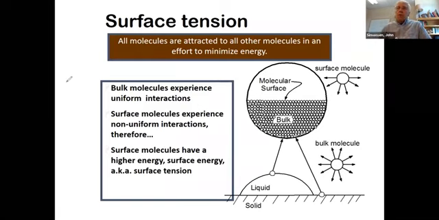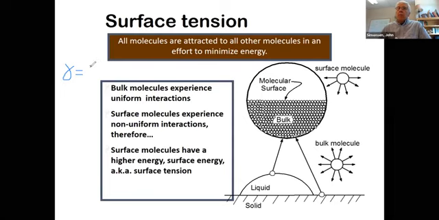Thermodynamically, surface energy is almost always symbolized by gamma. That didn't work out so well.